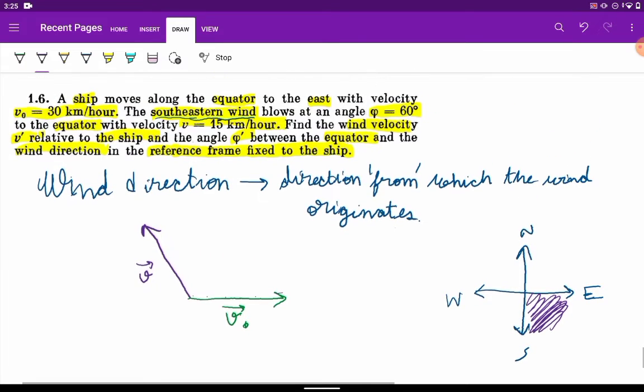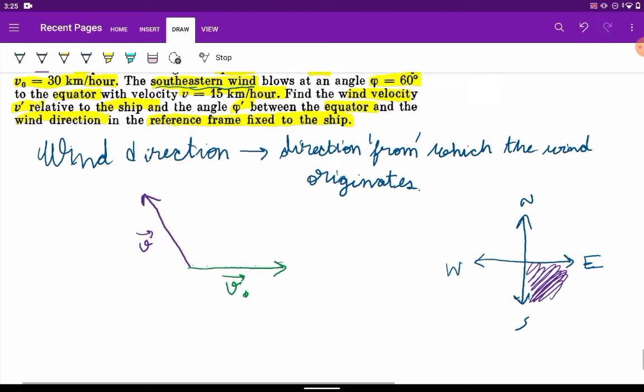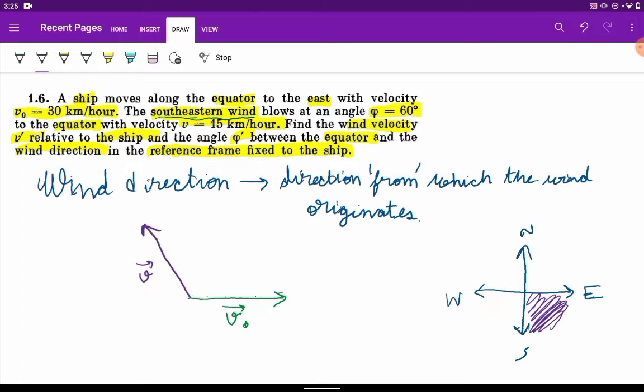Now the angle between the equator and the wind direction, the angle between the wind and the ship, is essentially this angle, which is phi.